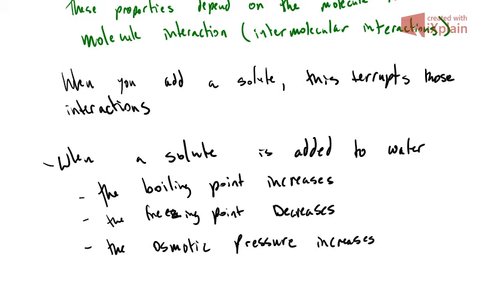Okay, so let's say the solute, without anything in there, has a certain boiling point and a certain freezing point, and depending on the situation, a certain osmotic pressure. Now we add salt to it.